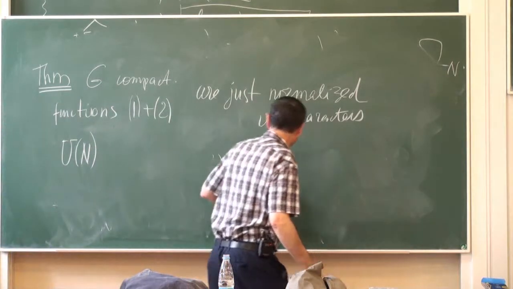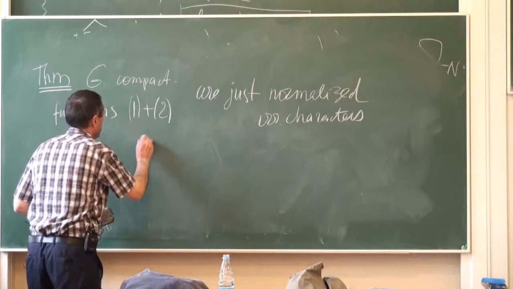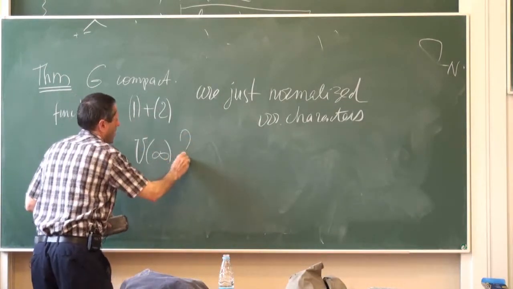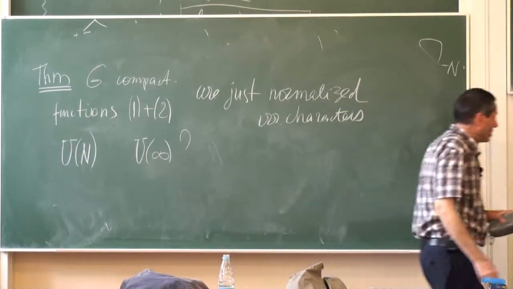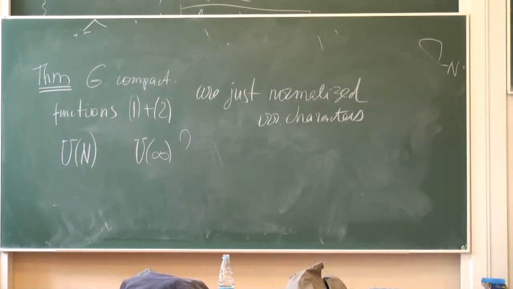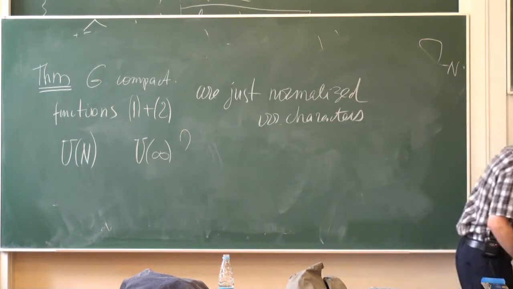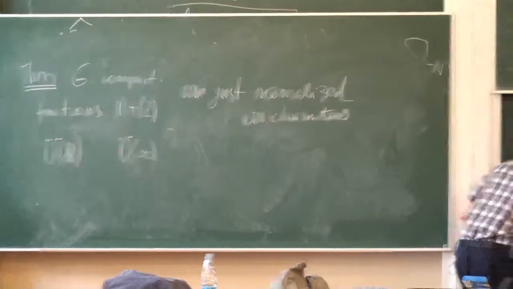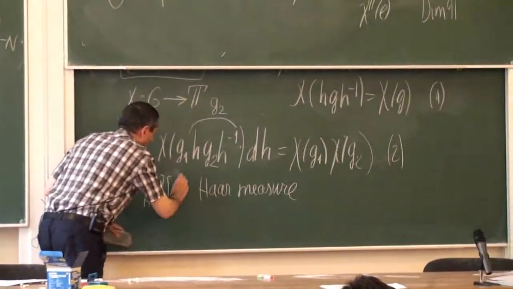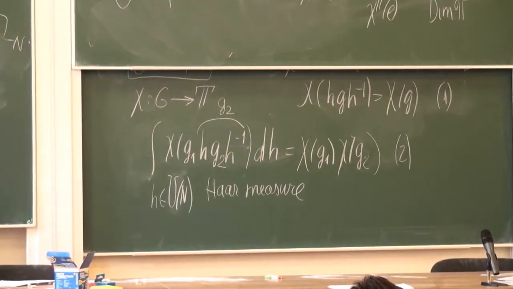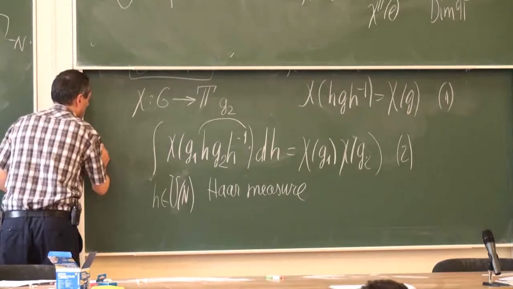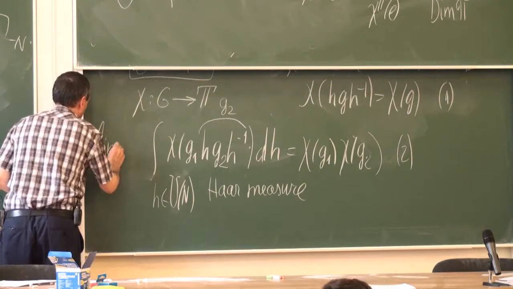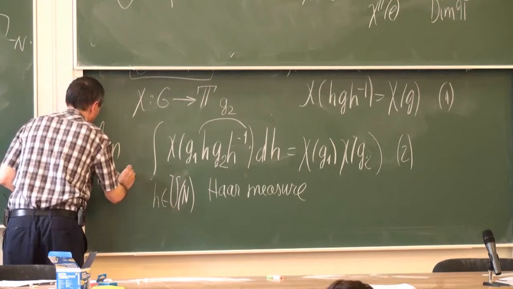But now, what about the U infinity? It turns out that one can extend this definition further to groups like U infinity, just by adding some limit procedure. Namely, in the case of U infinity, I will modify this equation as follows. Take here the limit as n goes to infinity.